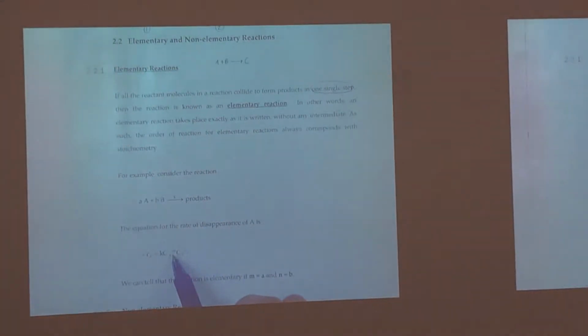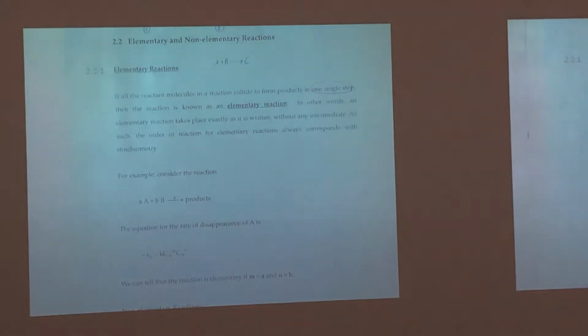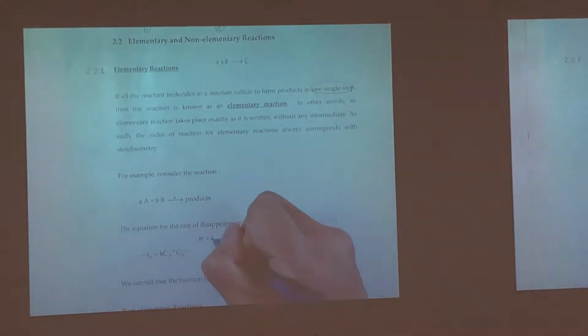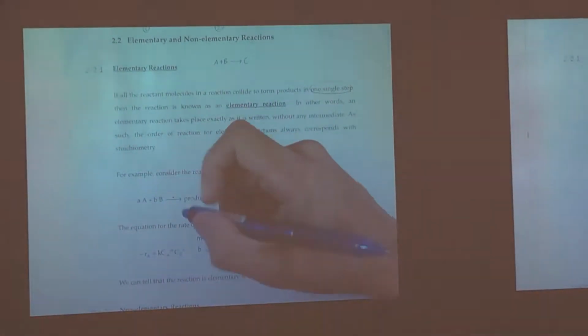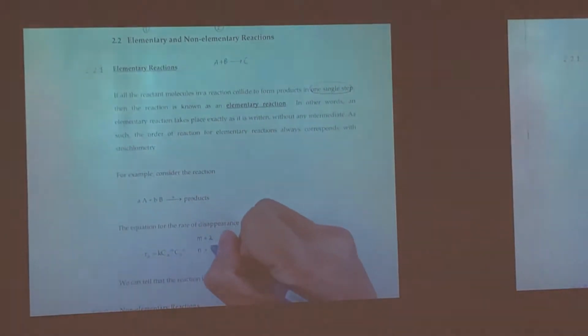So how do we know what m and n are? If we know this is an elementary reaction, m will be equal to a, and n will be equal to b.